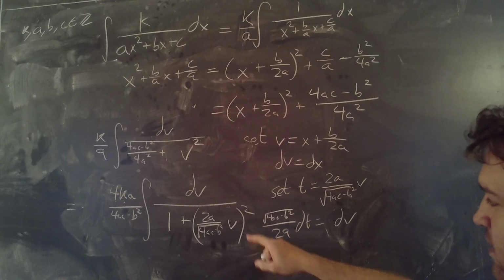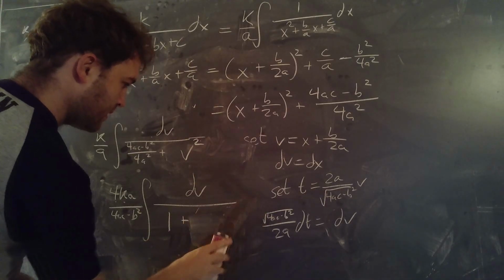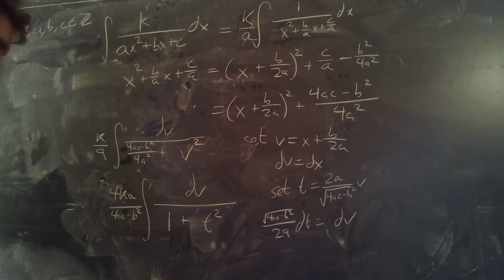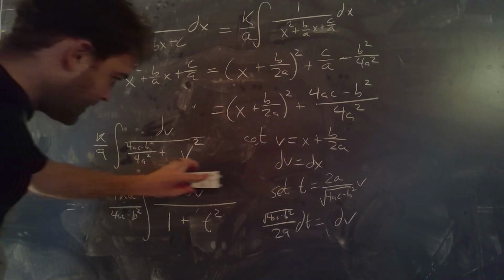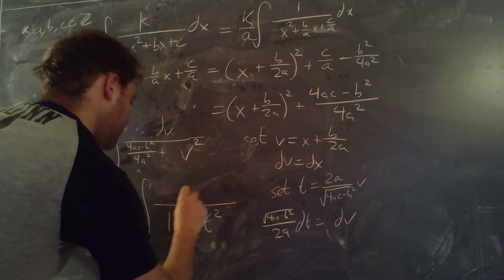And then when I change the integrand to match our new substitution, it will now say t squared, and the dv will now be this thing times dt.